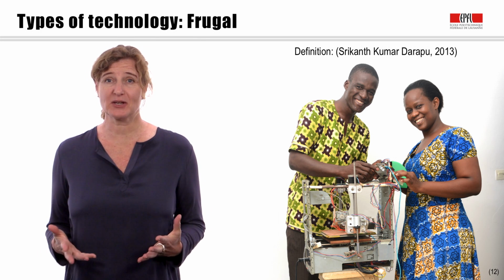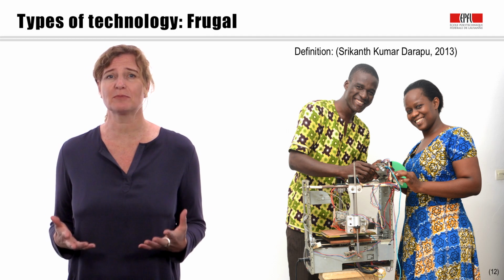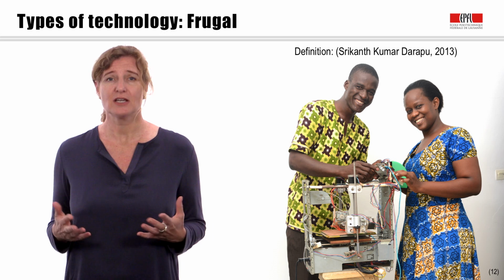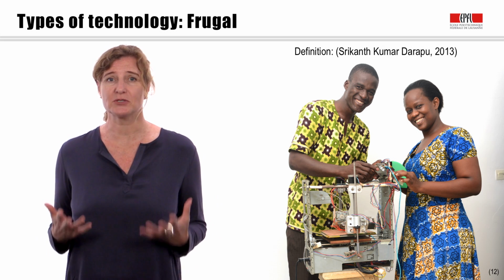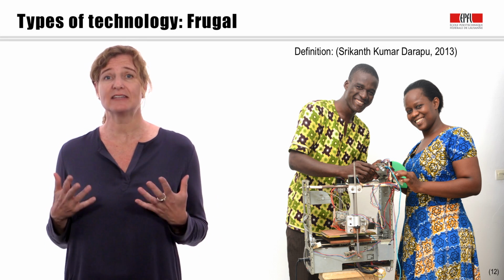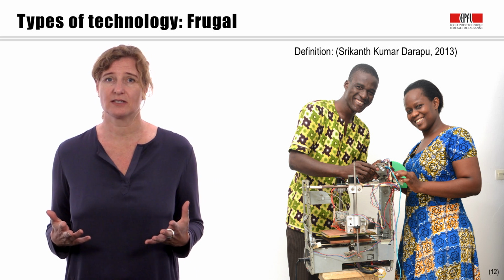Another really interesting question that is increasingly gaining in importance is what we understand by frugal technology. For Srikant Kumar Darapu, frugal technology or innovation involves the process of reducing the complexity of the manufacturing process of a product and increasing the durability with better and cheaper services.